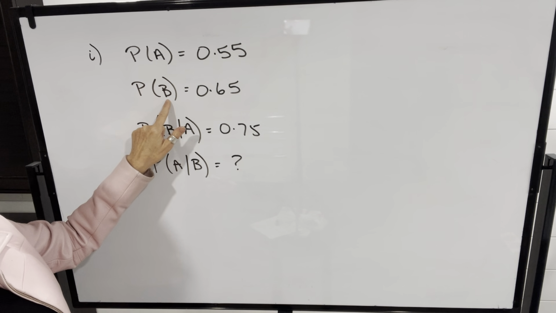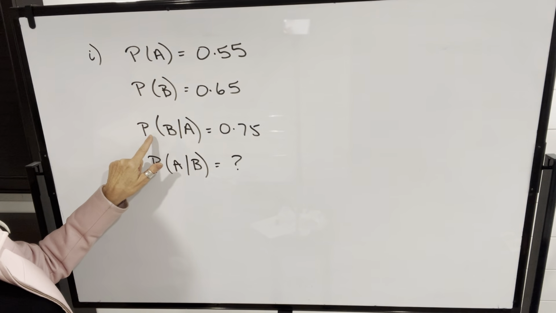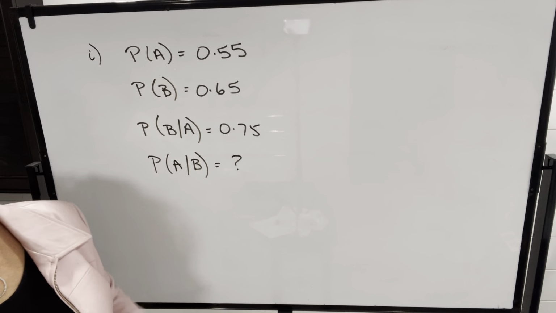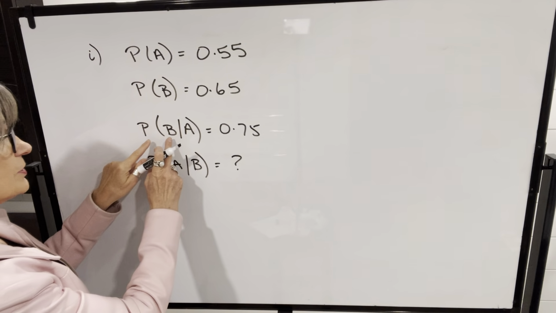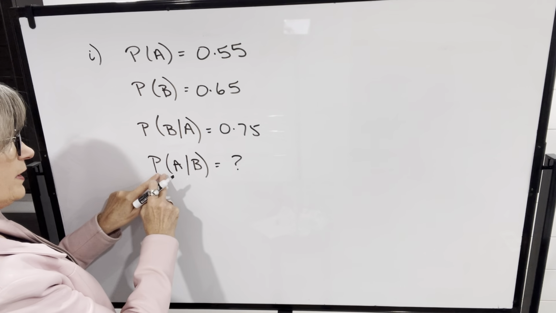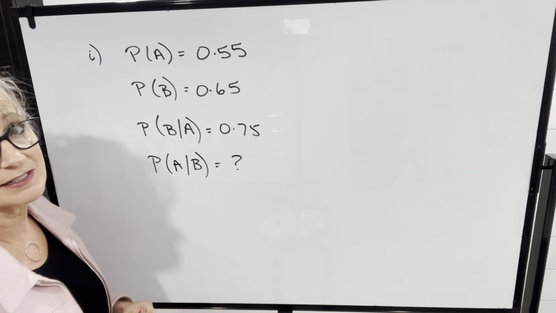The probability that Betty will attend it is 65% or 0.65. The probability that Betty will attend, given that Anne is attending, is 0.75. So this is the conditional probability that Betty will attend given Anne attending.